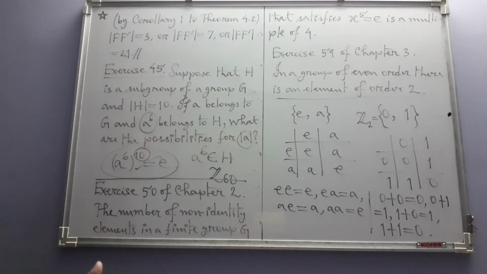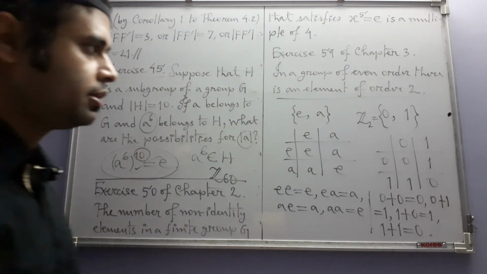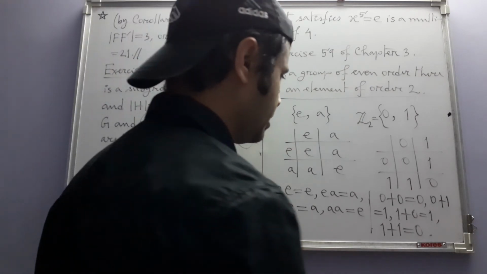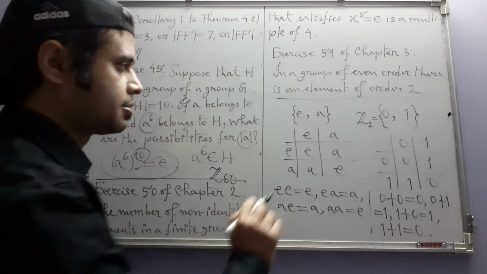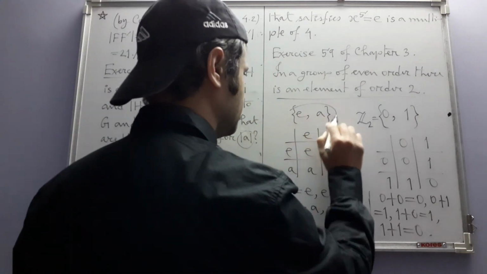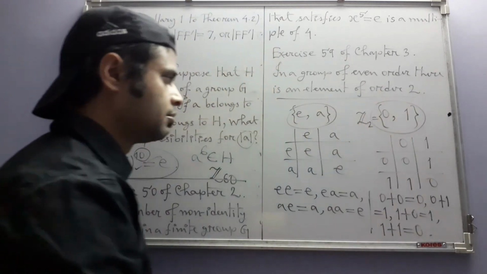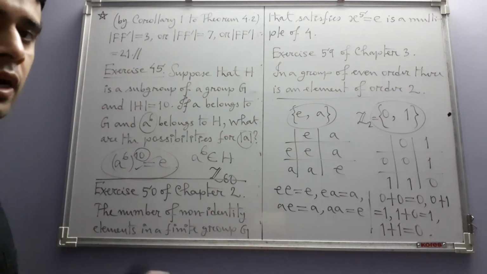Now looking at these two groups, which are extremely different in the sense that they look different, but still there is a sameness. Different because the sets are totally unrelated to each other.